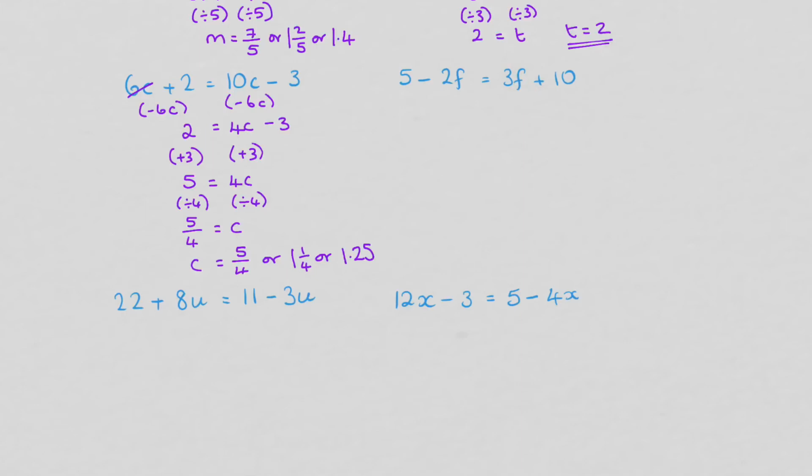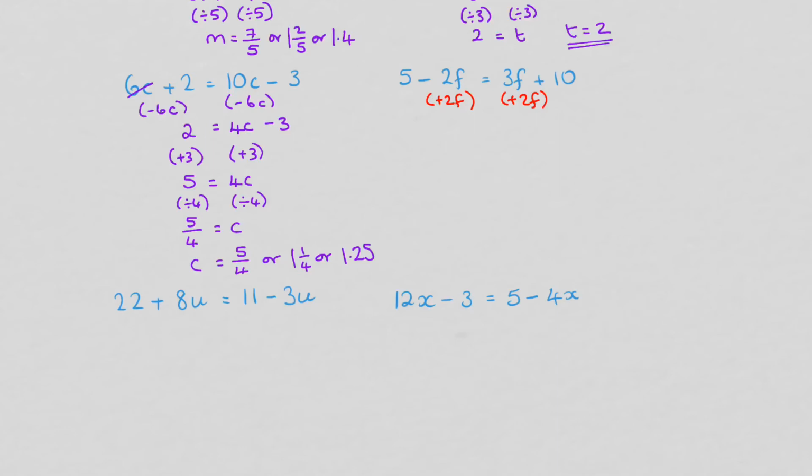So remember, bring baby to mummy, whichever one's further down the number line, that's the one that you take to the other one. So -2 is further down the number line than +3. So it's the -2f that we're going to sort out by adding 2f to both sides.